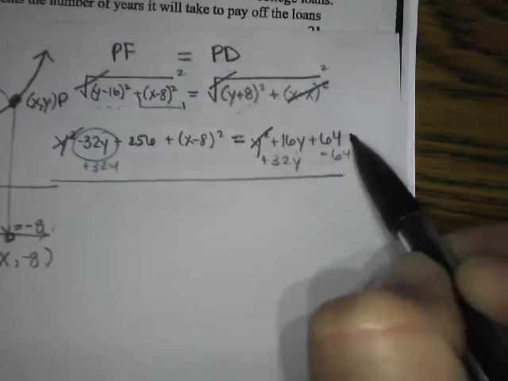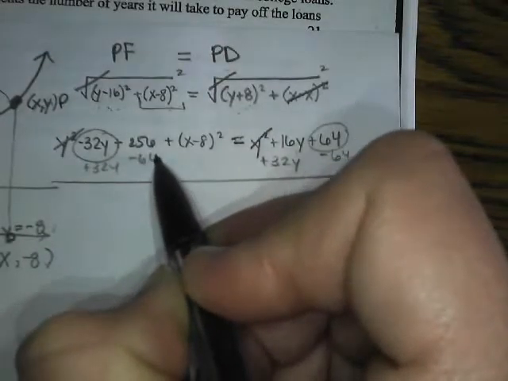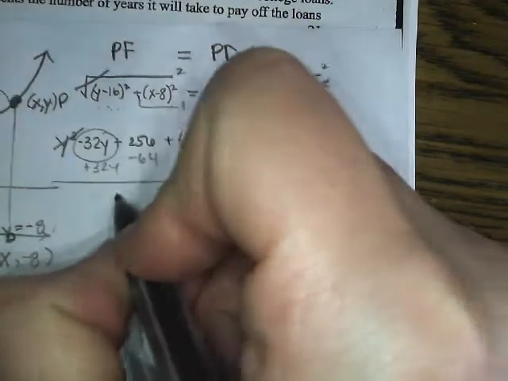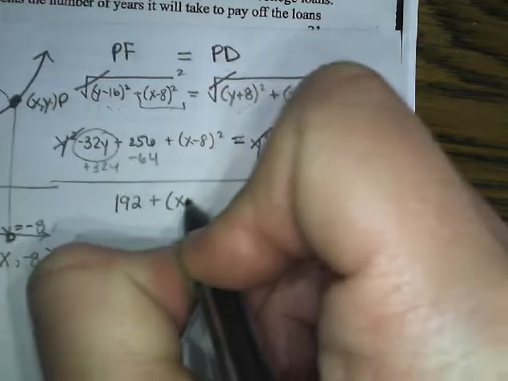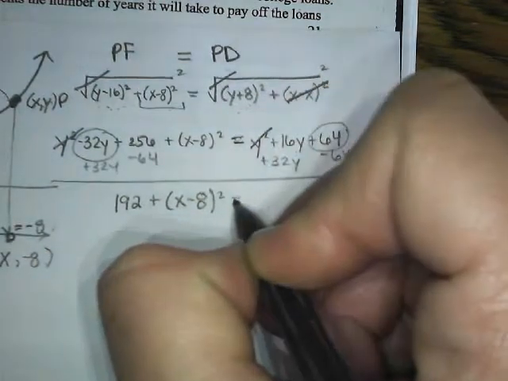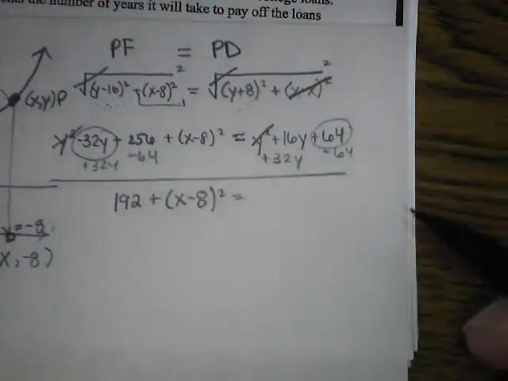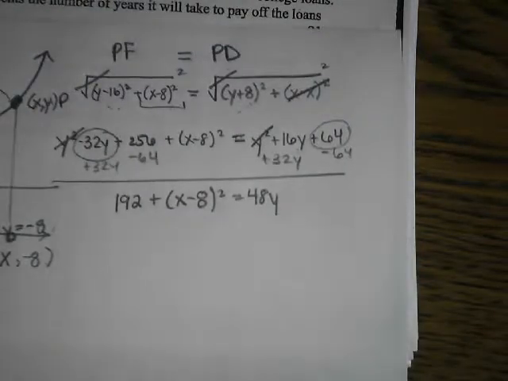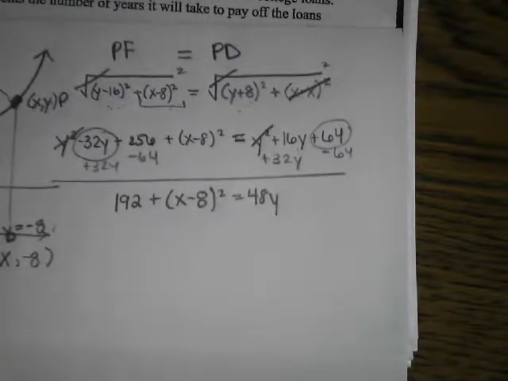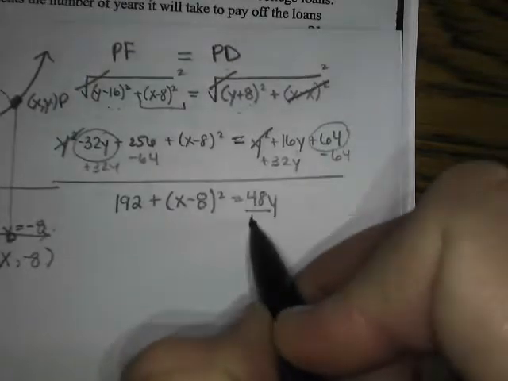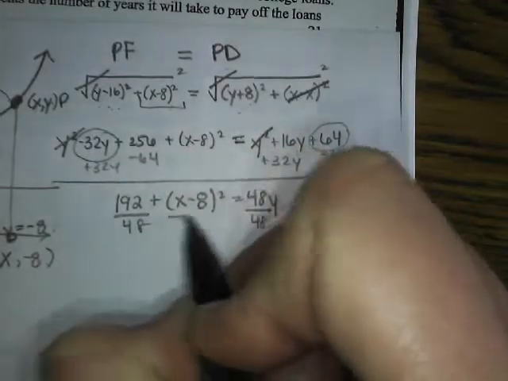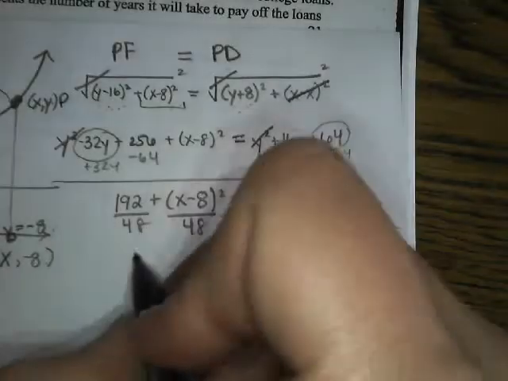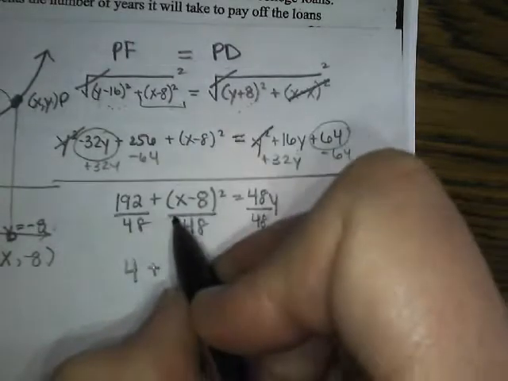So 256 minus 64 is 192. Plus x minus 8 squared equals 16y's plus 32y's is 48y's. And then I divide both sides by 48. So 192 divided by 48 is 4. This just has a coefficient of 1 over 48, x minus 8 squared equals y.